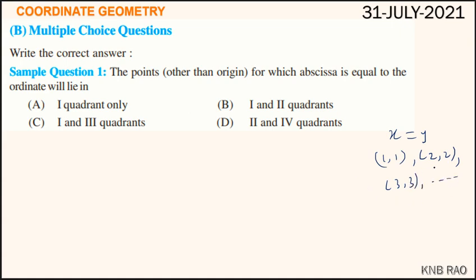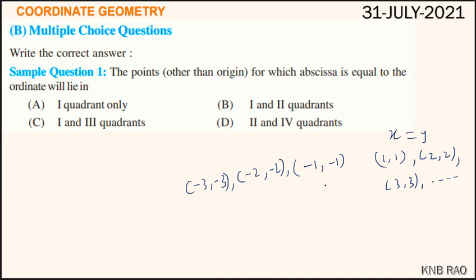You know these lie in the first quadrant, and if I take the negative side, minus 1 comma minus 1, minus 2 comma minus 2, minus 3 comma minus 3, these lie in the third quadrant.